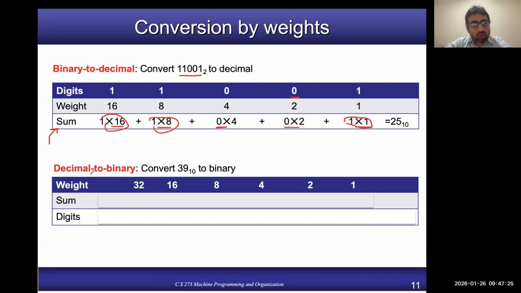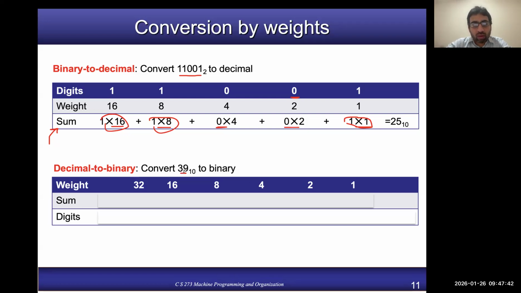Next example is how to convert a decimal number to the binary form using the same approach of using weights, right? So let's say we want to convert 39, which is a number in decimal form, to the binary form.